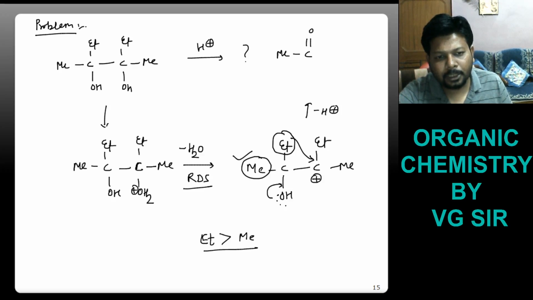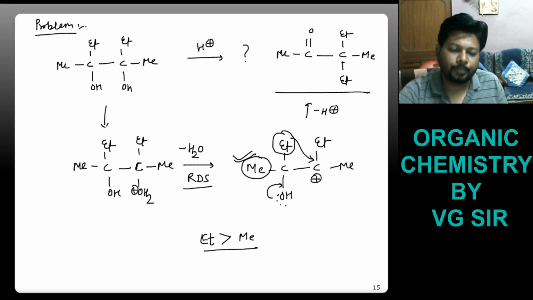See, this is the methyl, then carbon, and there is a double bond oxygen. Then this carbon is already having one ethyl and one methyl, and it will have another ethyl which has come from the migration. So this will be the product. Is that clear?